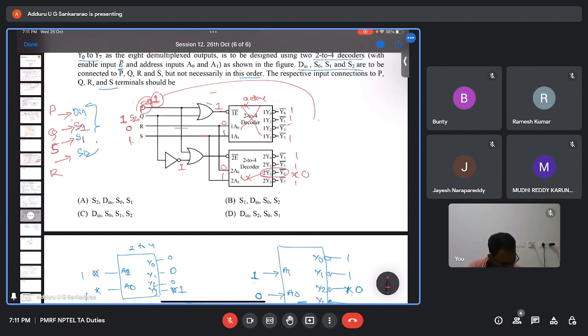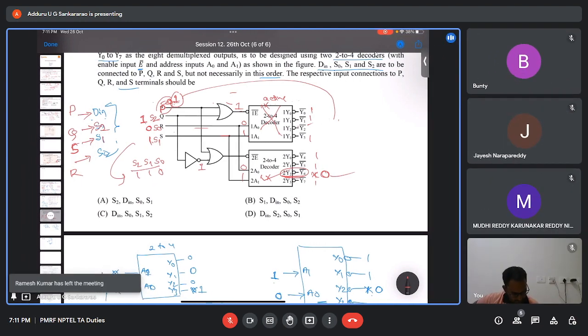I said this is S naught, this is S1. So S2, S1, S naught is 1 1 0, right? So which one? Y6 is active.